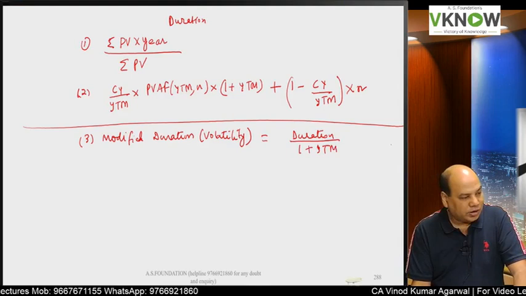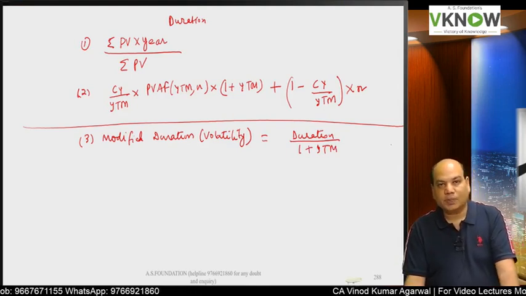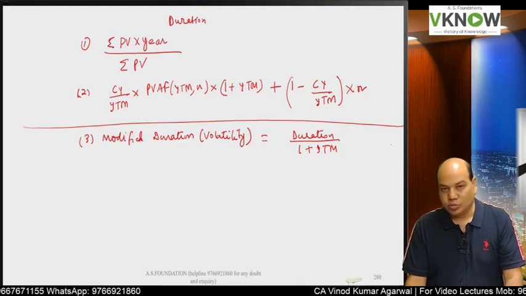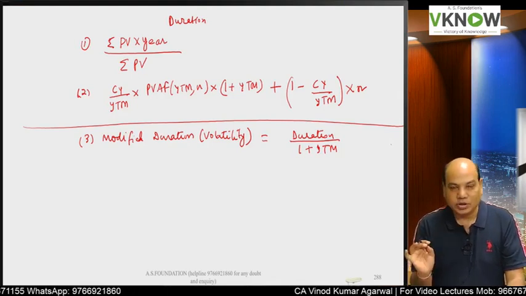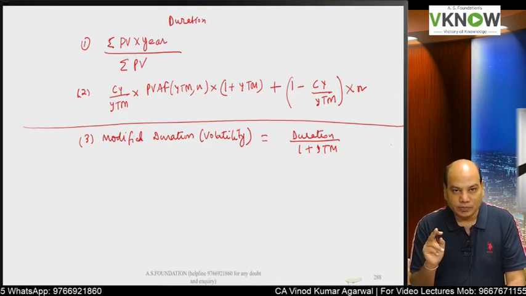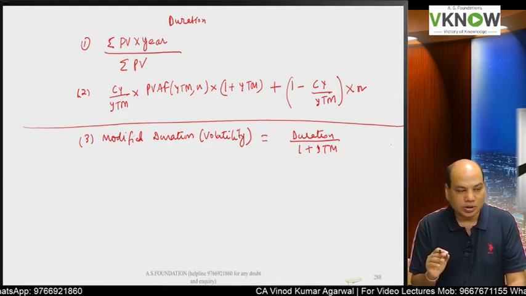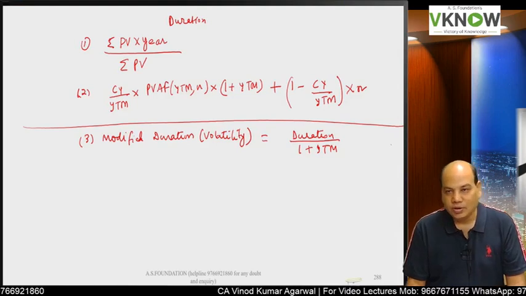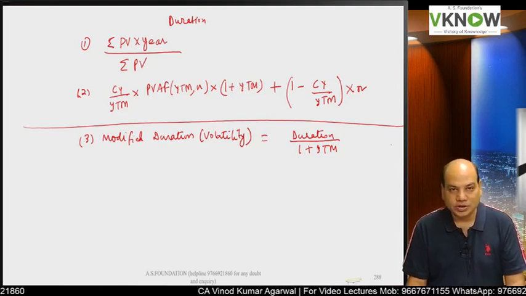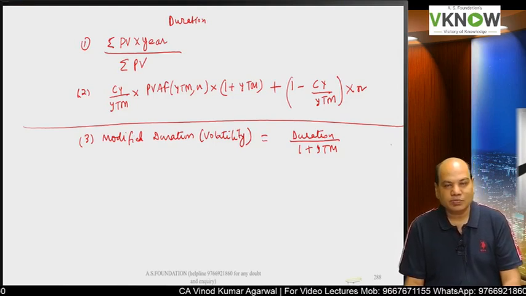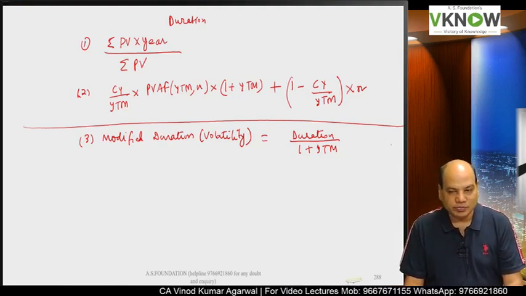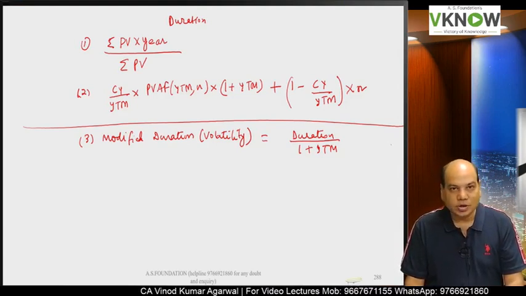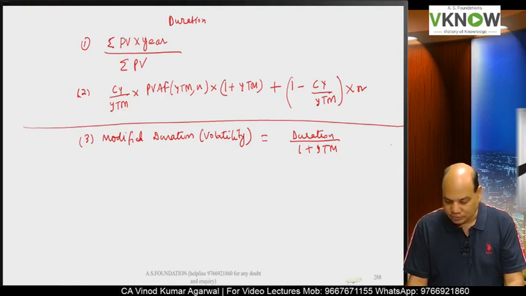So what does modified duration tell you? If YTM changes by 1%, the bond price will change approximately by so many percentage. So if modified duration is 3.5, and YTM changes by 1%, bond price will change by approximately 3.5% on the opposite side. If YTM increases, bond price will decrease. If YTM decreases, bond price will increase.